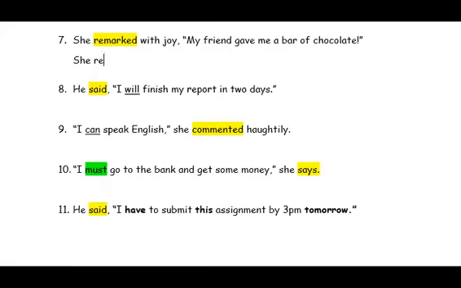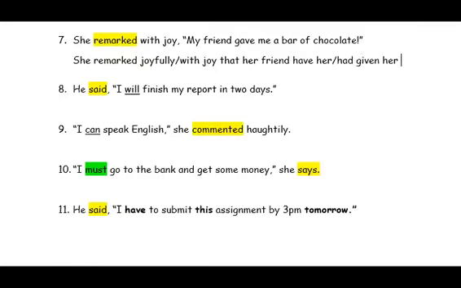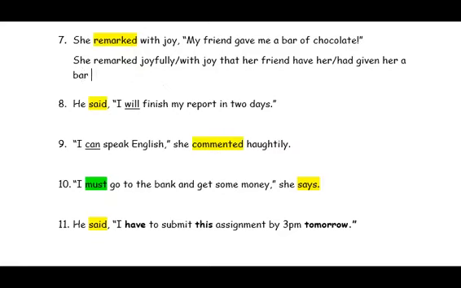So she remarked joyfully, you can say joyfully or with joy, that's fine, that her friend gave her or had given her, you can choose, a bar of chocolates. Cool.